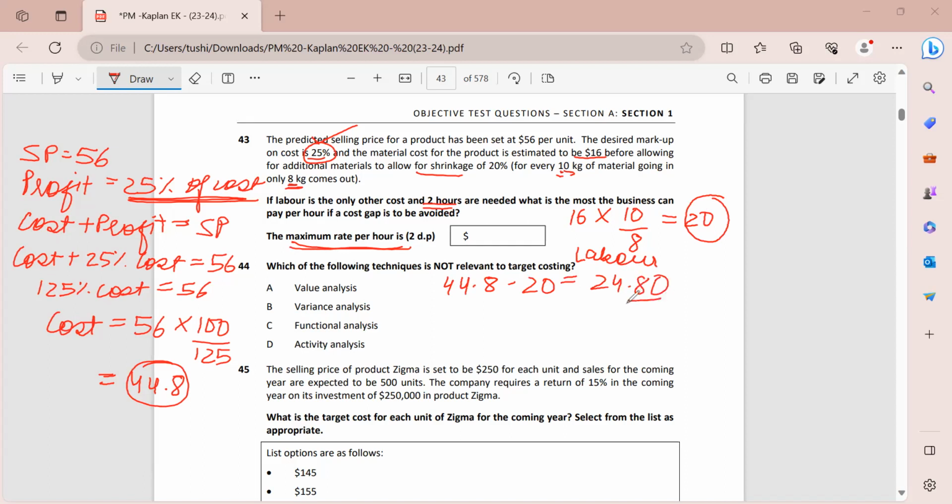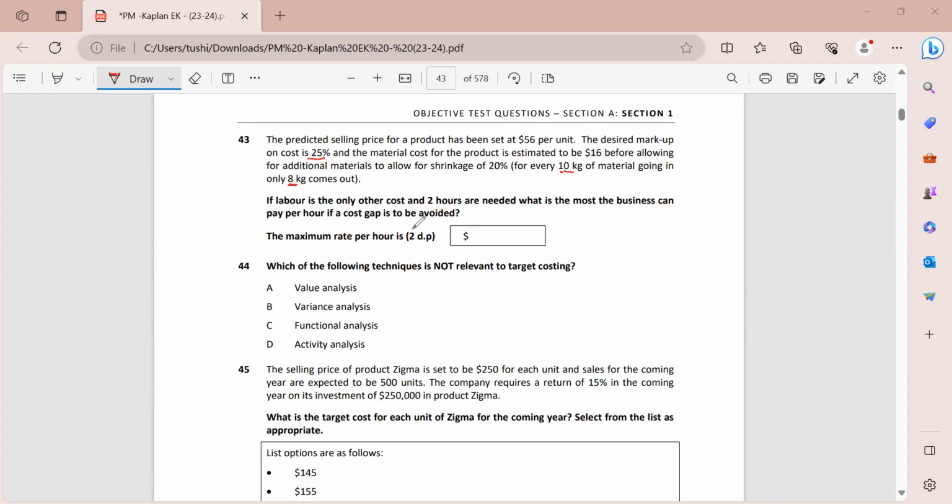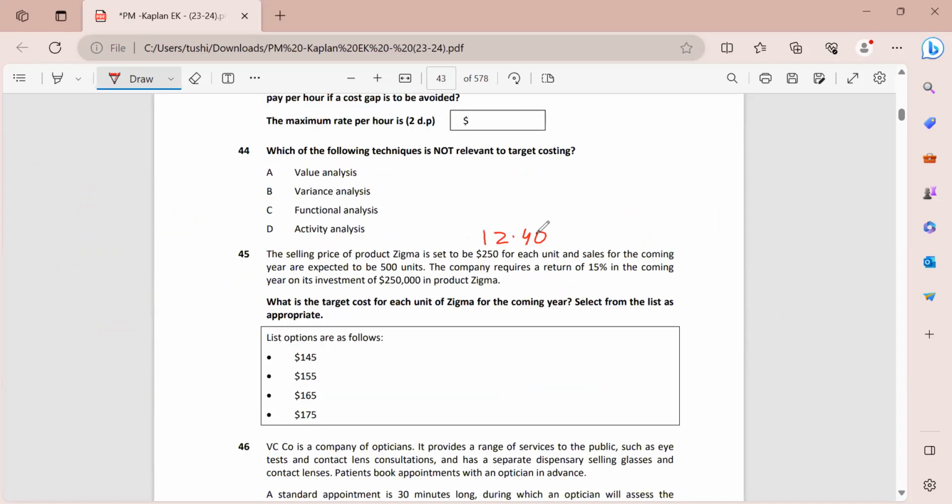This is the maximum I can pay my labor for 2 hours. Now I want it per hour, so I divide 24.8 by 2. That gives me 12.4, and they want it to 2 decimal places. So my final answer is 12.40.